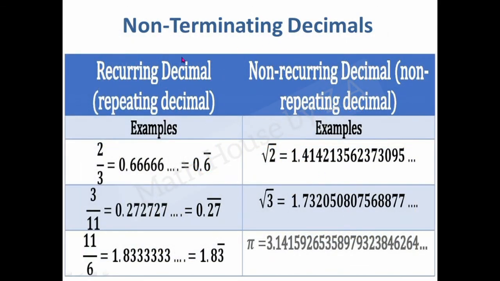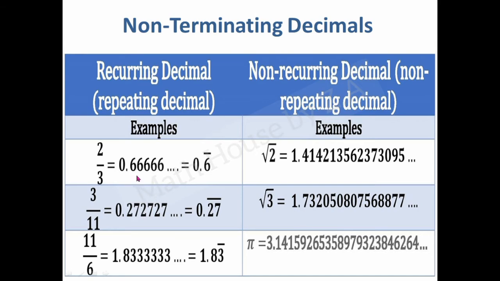Now, non-terminating decimals are also called recurring decimals. Recurring and non-terminating are the same thing. Here are some examples. When you divide 2 by 3 you will get 0.6666 and so on. Repeated digits are represented by a dot or a bar on top.